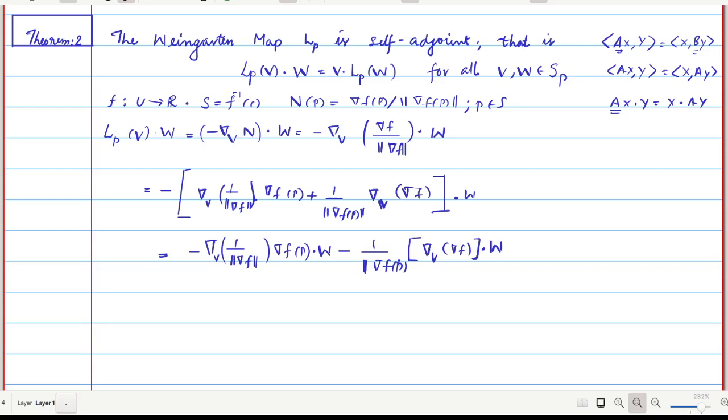Now we know that del f of p dot W is equal to 0, because del f of p is always perpendicular to S at p, and this W comes from the tangent space.